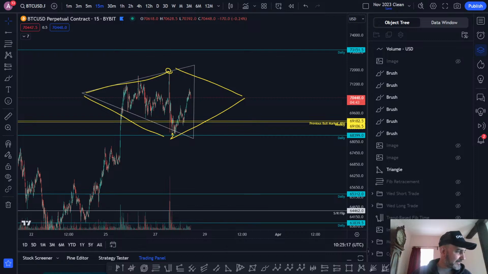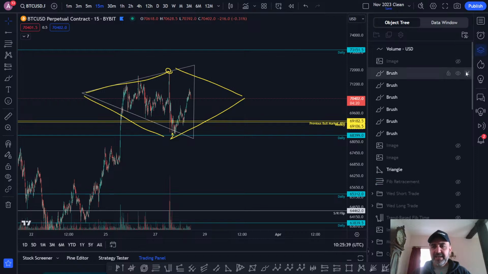Let me see this one. There's lots of examples of how to trade these patterns, and I'll tell you the best way, in my opinion.